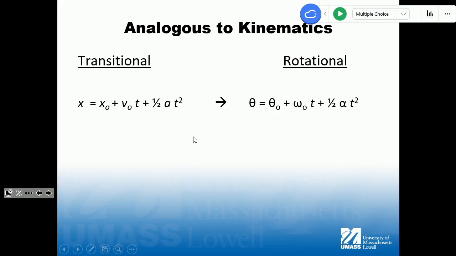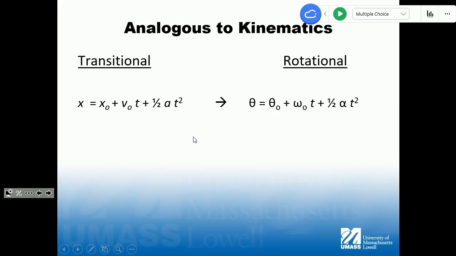Delta theta replaces x, just like x was the change in linear position. We replace x with delta theta because delta theta is the change in angular position measured in radians.